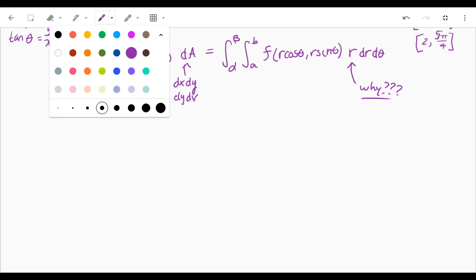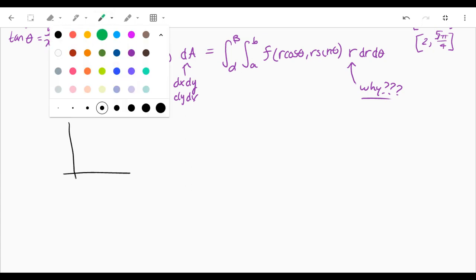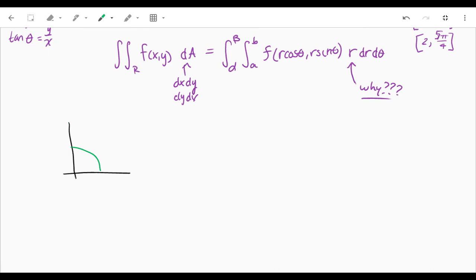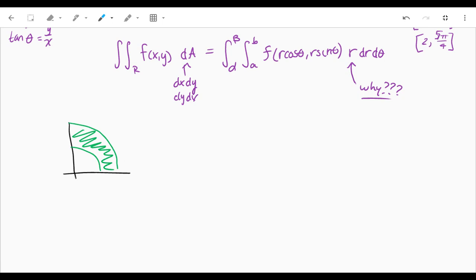But let's keep in mind, okay, so if you had maybe the region that you're looking at is like a ring, okay, and we're looking at this ring, and we want to find the area of it or some volume above it. It wouldn't make a whole lot of sense for us to think about little rectangular pieces of that ring, okay?